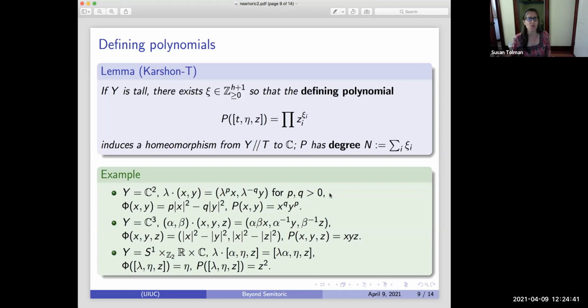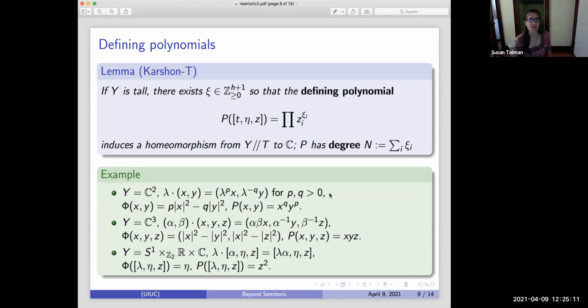If p and q were both positive, that would not be true. Then the moment map is very easy to check: phi of (x,y) is p times the norm of x squared minus q times the norm of y squared. And then the invariant polynomial is x^q times y^p.